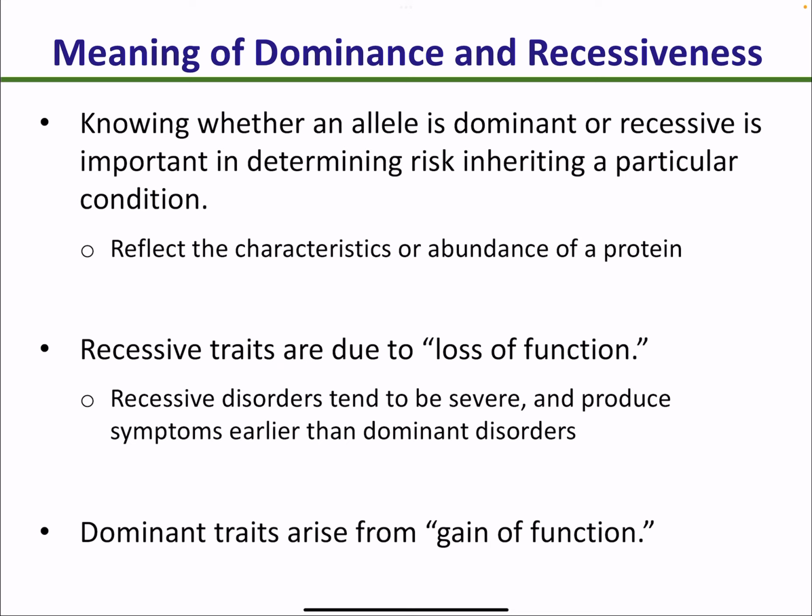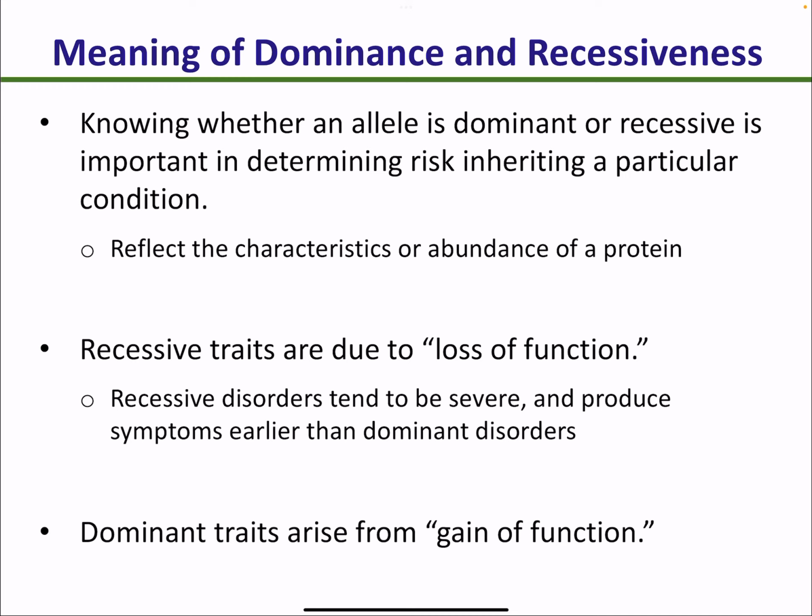Now, what is the meaning of dominance and recessiveness? Basically, knowing whether an allele is dominant or recessive is going to be very important in determining the risk of having children or offspring with the defect or not, right?